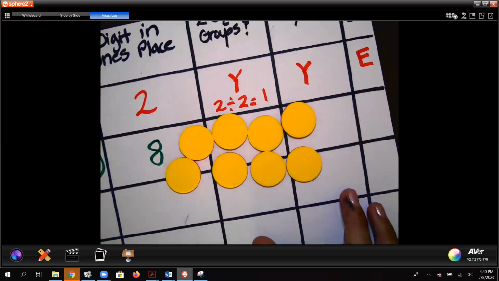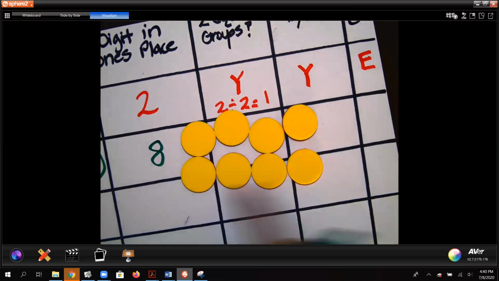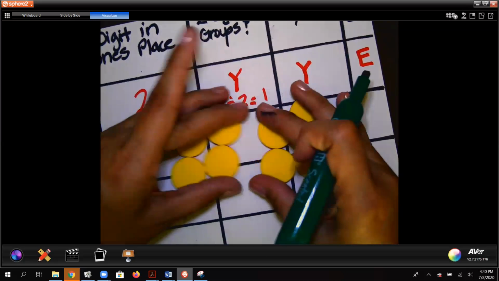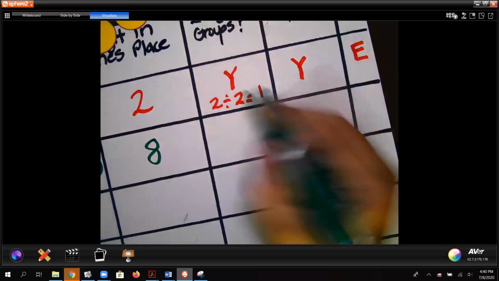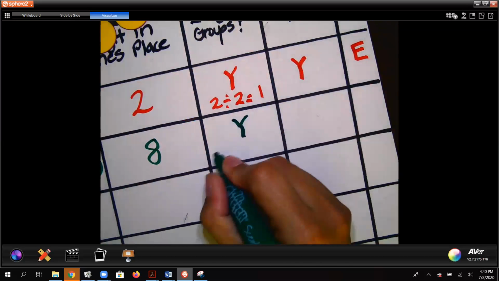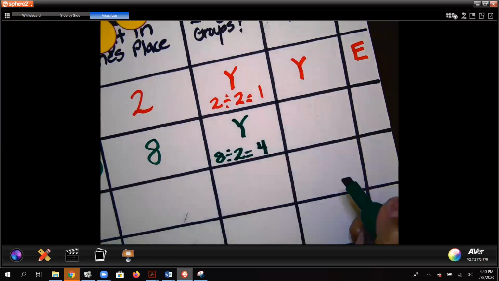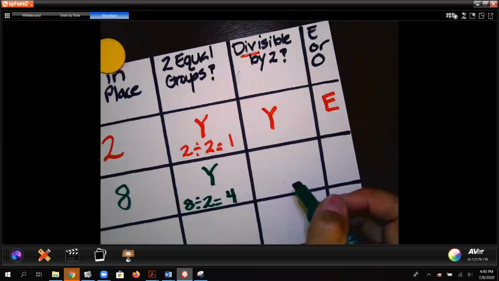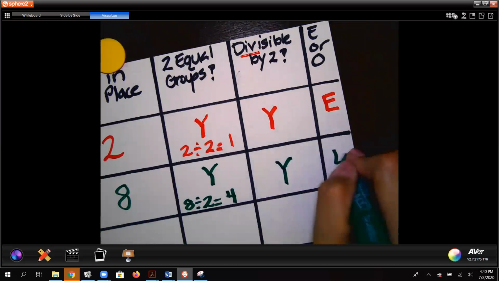Now, can I make 2 equal groups? If I were to divide this by 2, can I have 2 equal groups? Yes, right? I can do 4 and 4. Or this way, 4 and 4. So yes, I can, because 8 divided by 2 equals 4. So is it divisible by 2? Sure is. Yes. So that is E for even.